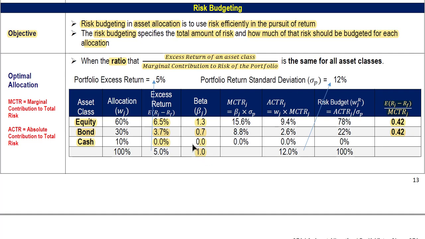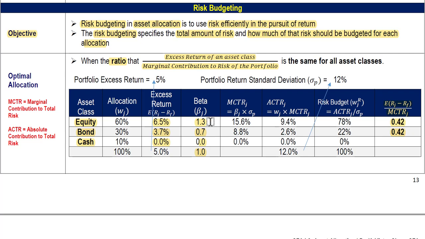These betas serve as the contribution indicator, the sensitivity or the attribution to the total portfolio risk. It is more like a systematic risk.